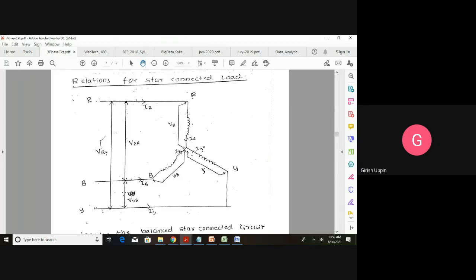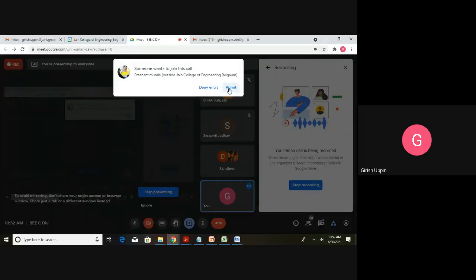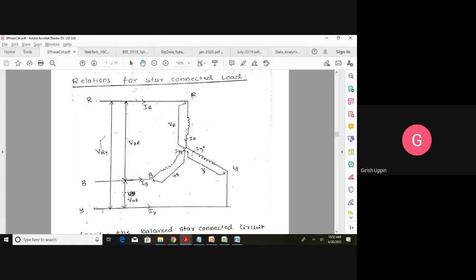Let us say this is the R phase. The voltage across this phase is called the phase voltage, that is V suffix R. And the current flowing in that particular phase, IR, is called the phase current. I hope it is understood by everybody.